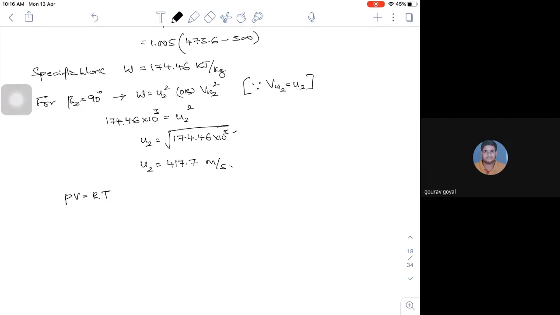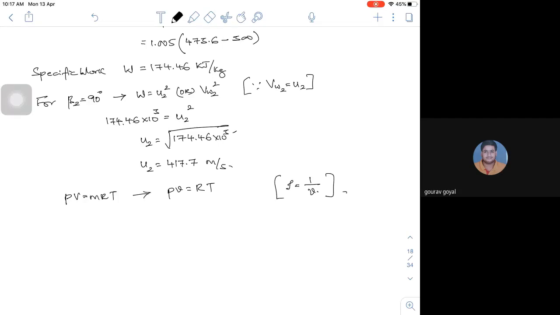If I use the PV is equal to MRT equation, or P small v is equal to RT, what is my density? Density is equal to 1 upon v. I know the value of P and I know the value of T. So this is P01, and I can find the density.